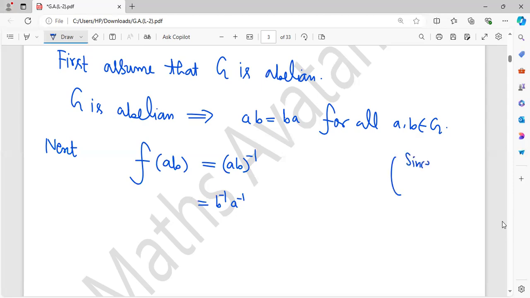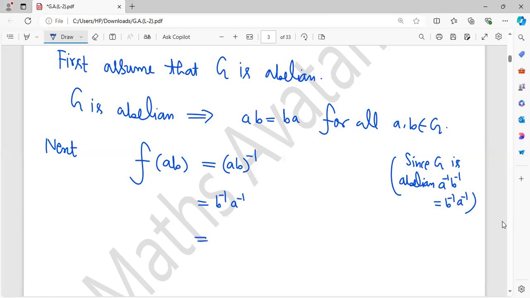Since G is abelian, B inverse A inverse is equal to A inverse B inverse. Okay. Because G is abelian.